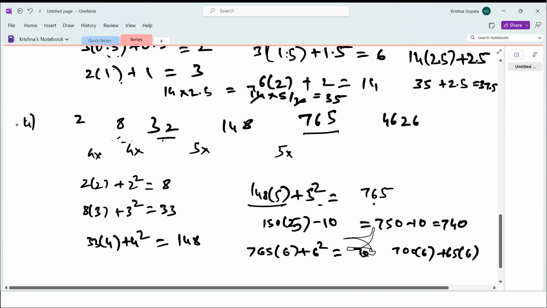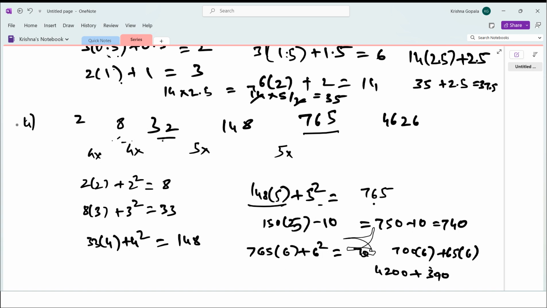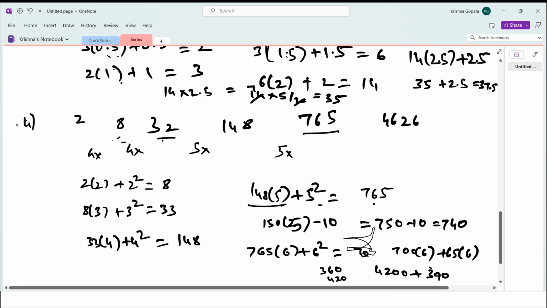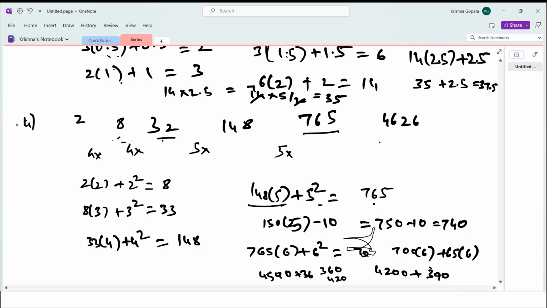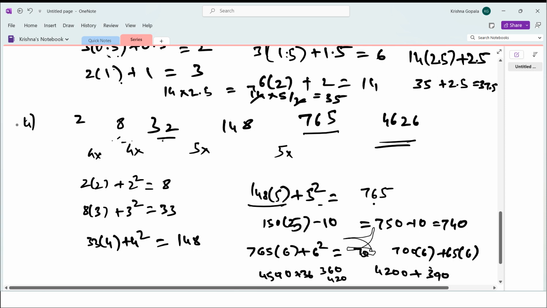Right, what is 700 into 6? 4200. 65 into 6 is how much? 390. How do you do this? 65 into 6. 60 into 6 is 360. 70 into 6 is 420, somewhere in between, which is 390. This is 4590. That's right. 4590 plus 36 equals 4626. Right. So now what is the problem here?